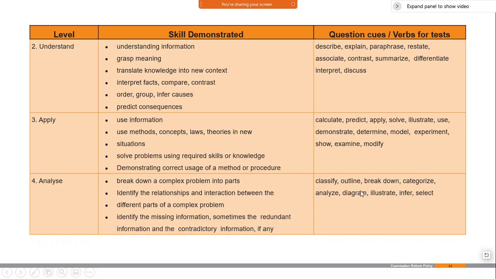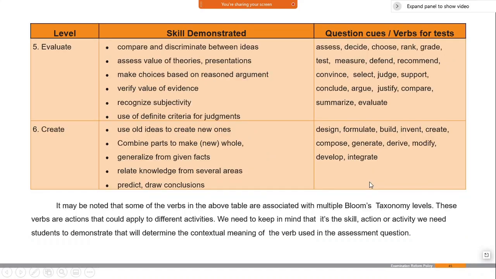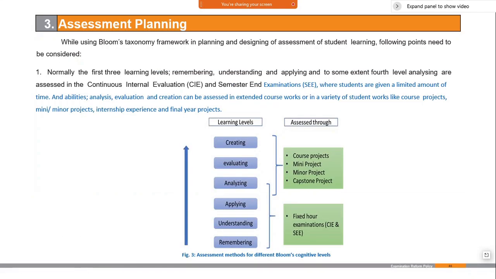Then analysis means you are doing categorization, or you want to draw a conclusion, and for that purpose these verbs will be used. For evaluating, decide, choose, rank. Then for creating, you can create, design, formulate, build. Likewise you can define all this stuff.